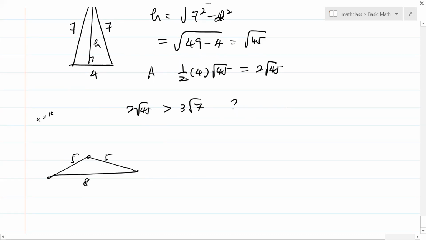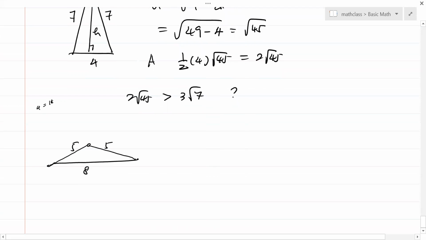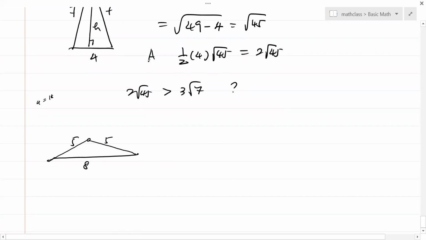You can also calculate the area, but this area will be much larger than that. It cannot decrease to 4, 4, then the other one will be 10. 4, 4, 10 does not make a triangle.